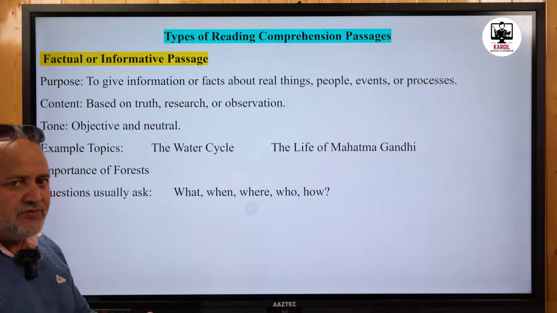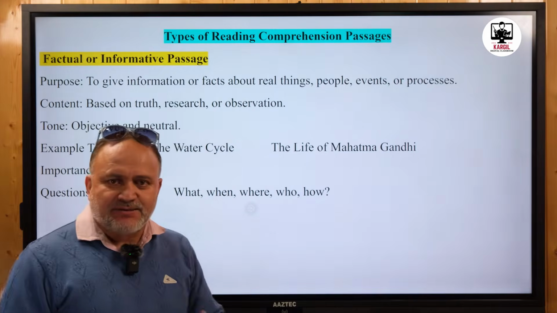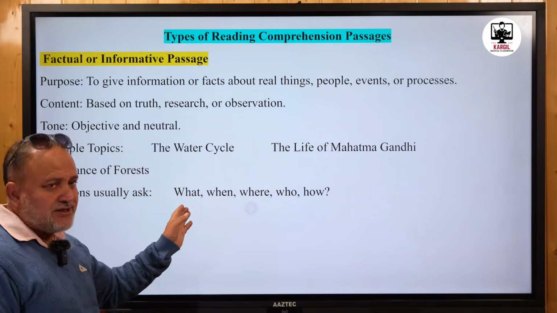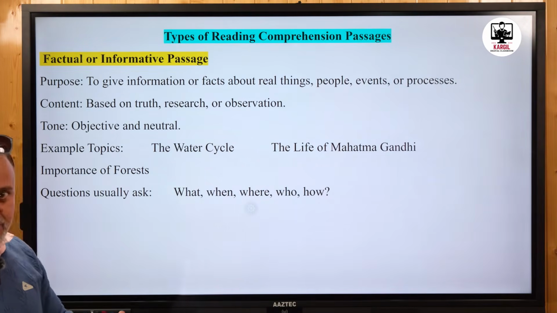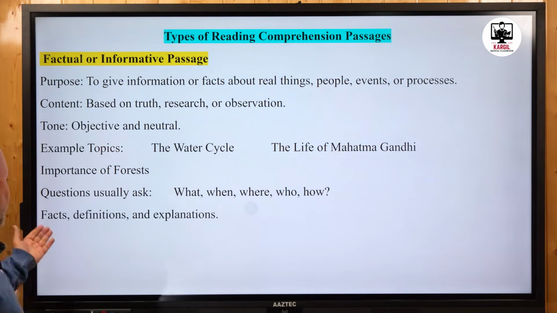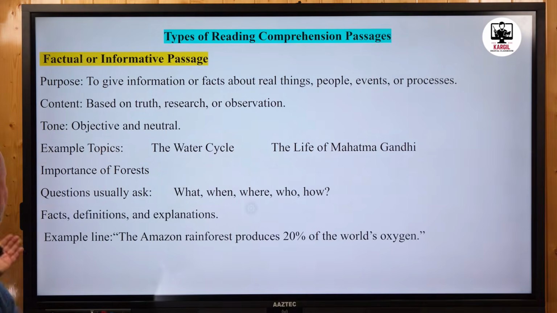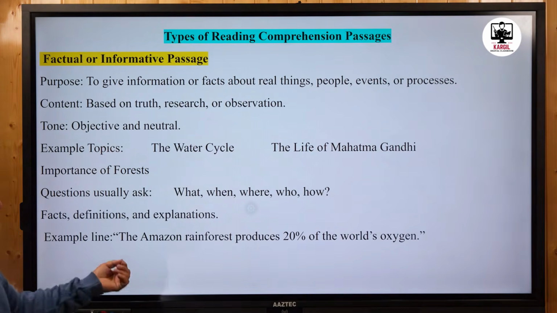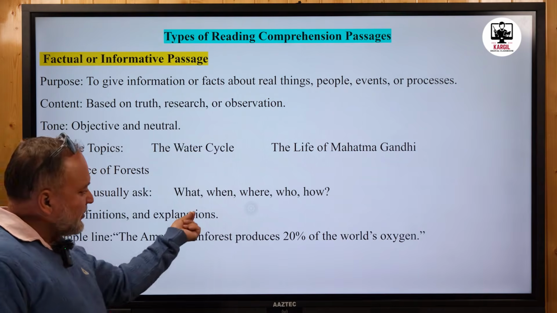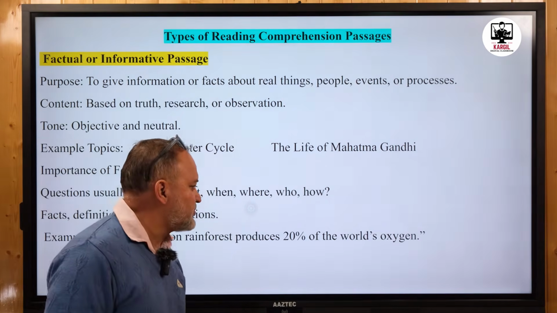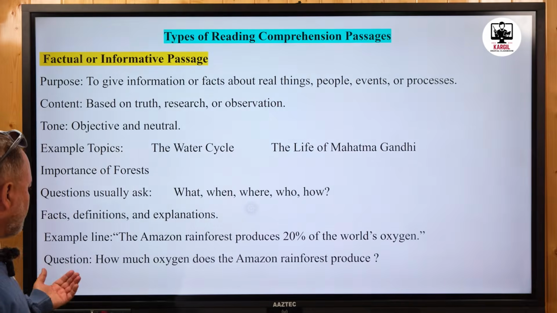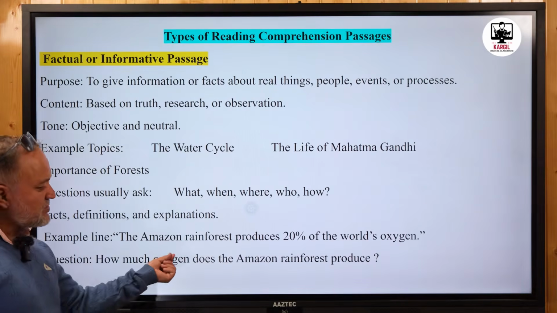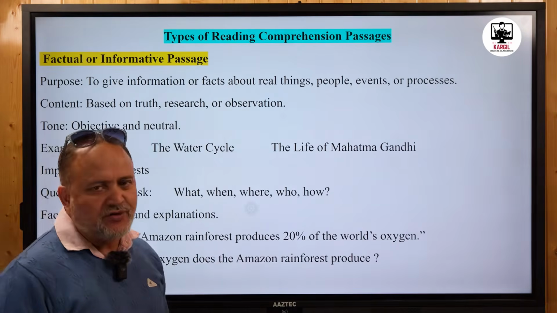And what type of questions do we ask in factual passages? These are what, when, where, who and how. These kinds of questions will be asked: facts, definitions and explanations. For example, if we have a line here, the Amazon rainforest produces 20% of the world's oxygen, the question can be, how much oxygen does the Amazon rainforest produce?